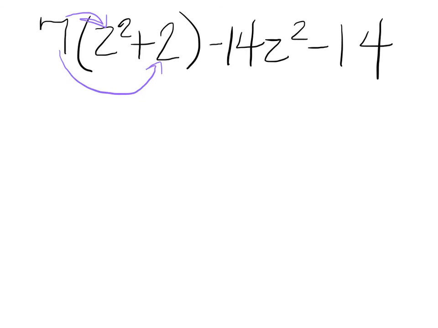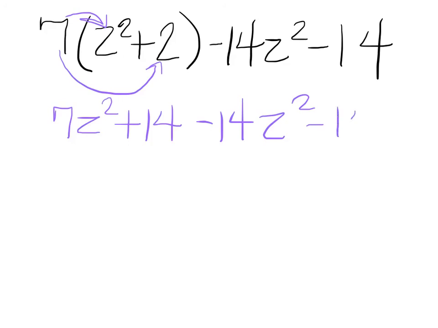So we're going to have 7 times z squared, which is 7z squared, because when you have a variable with a coefficient that's not written, the coefficient is a 1. Then we're going to have 7 times 2, which is positive 14, minus 14z squared minus 14.